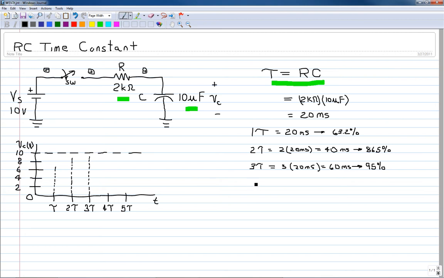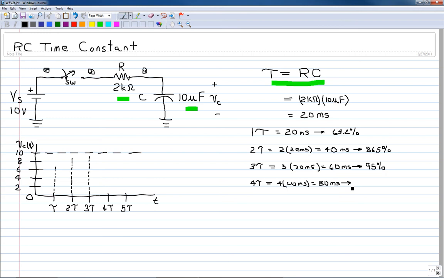Now in 4 time constants, which is 4 tau, we have 4 times 20 milliseconds, which is equal to a total of 80 milliseconds.